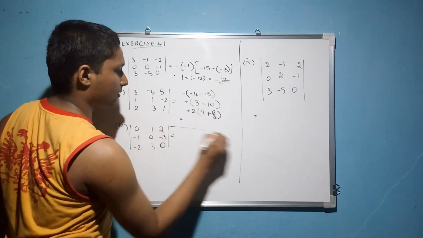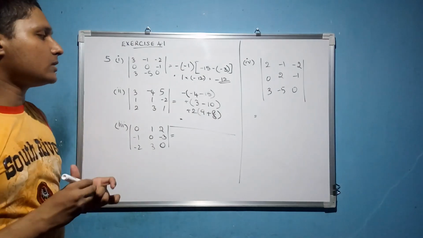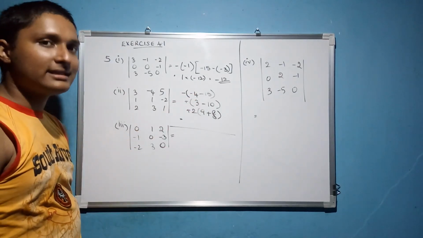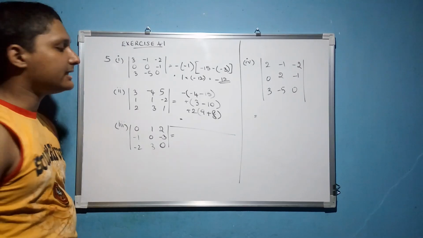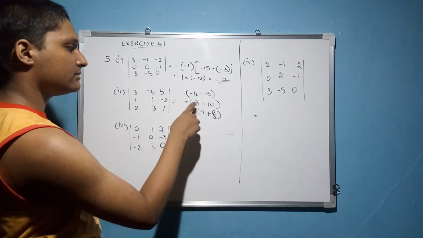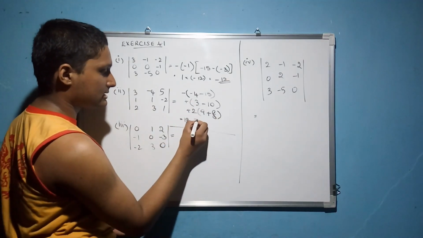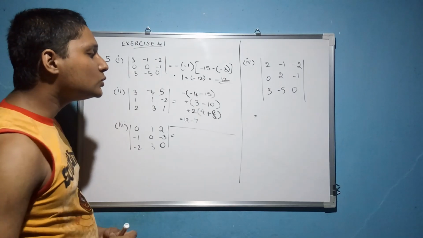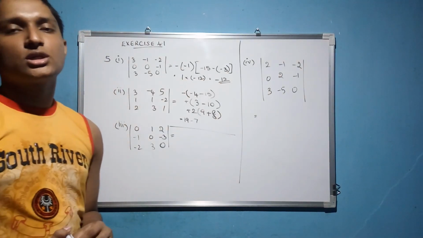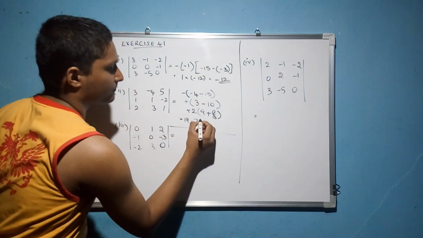Okay, we'll just see what we're going to get here. The first one was minus 4 minus 15, that is minus 19. Minus of minus 19 is going to be 19 over there. Then you have 3 minus 10, that is minus 7. Then you have 2 into 9 plus 8. 9 plus 8 is 17. 17 into 2 is 34.